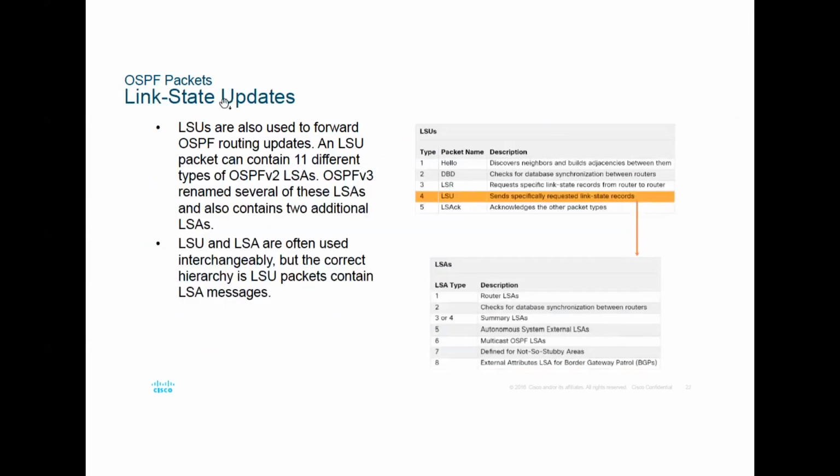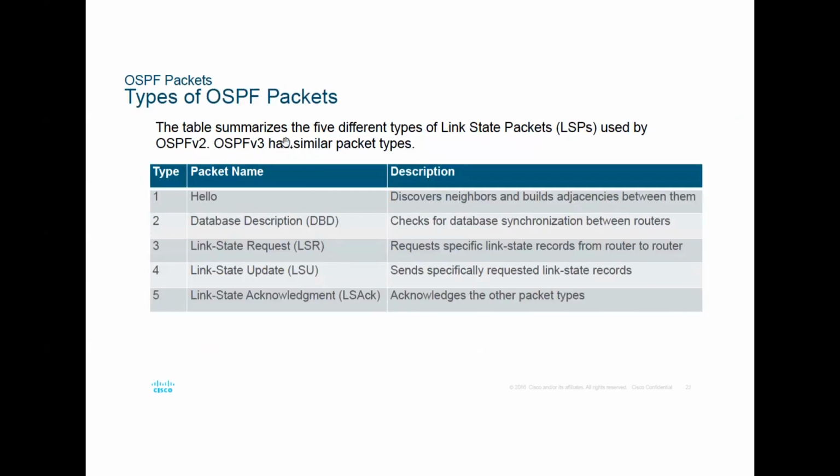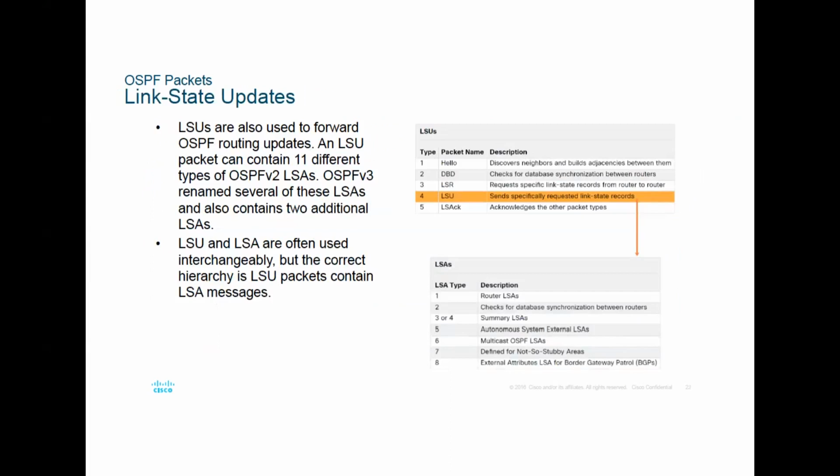Link state update. LSUs are also used to forward OSPF routing updates. And an LSU packet can contain 11 different types of OSPF version 2 LSA.